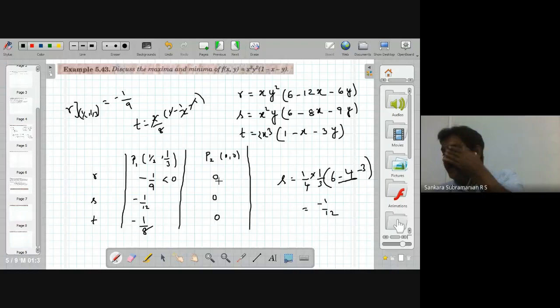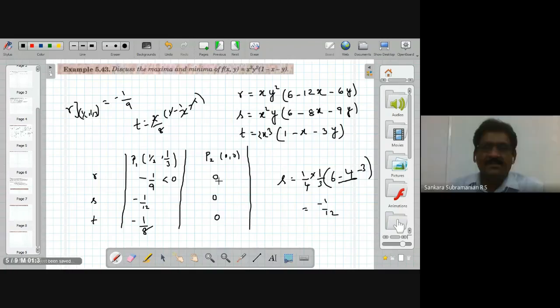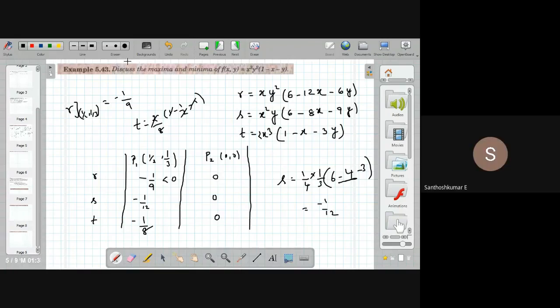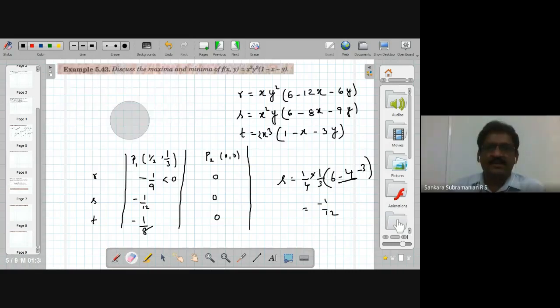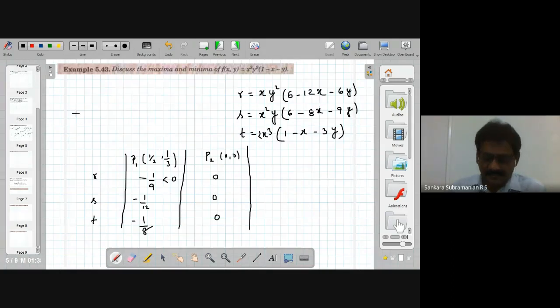So let me find, Santosh, what we have to find? Delta, what is the expression? RT minus S square. Okay, fine. So R is negative, T is negative, so R into T is positive.